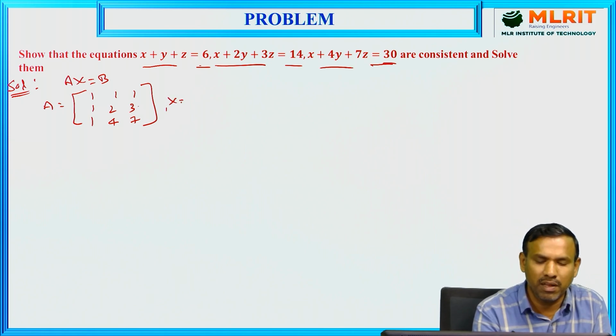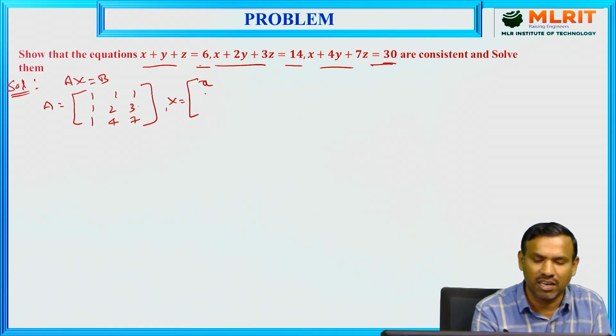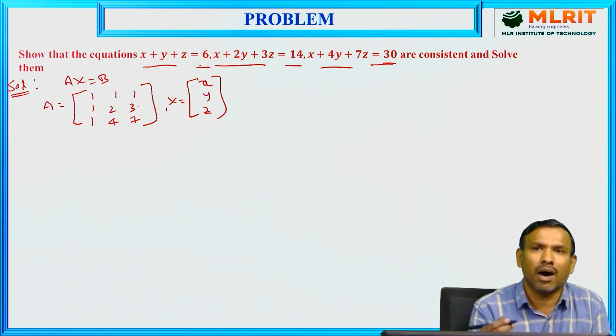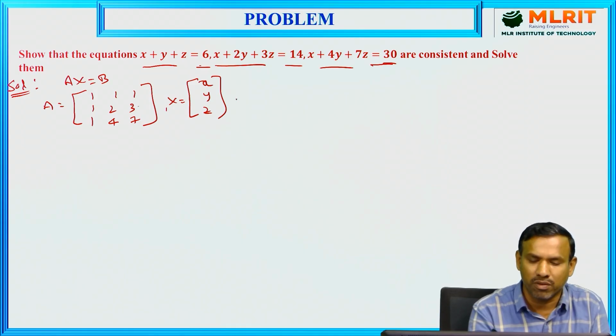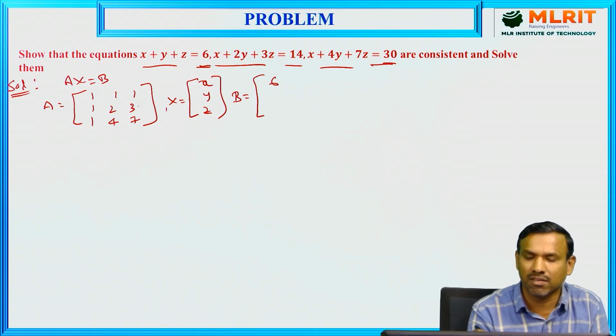Next, X means the unknowns x, y, z. In this system also, x, y, z. Sometimes p, q, r, s or x1, x2, x3, x4, like that, they will give different types of variables. B means the RHS part. First equation RHS 6, second equation RHS 14, third equation RHS 30.